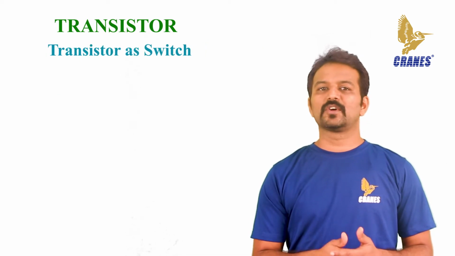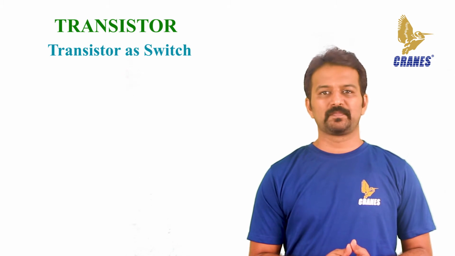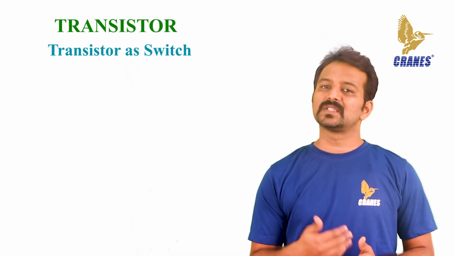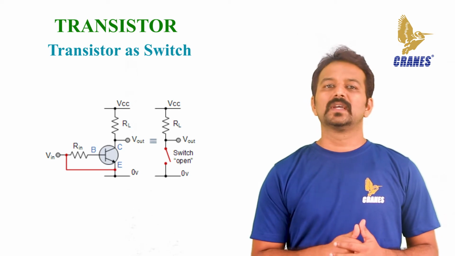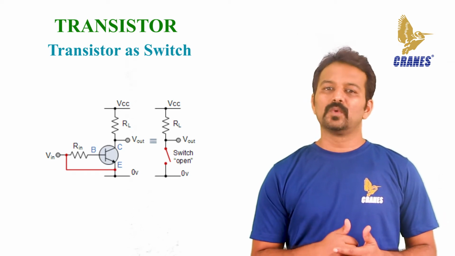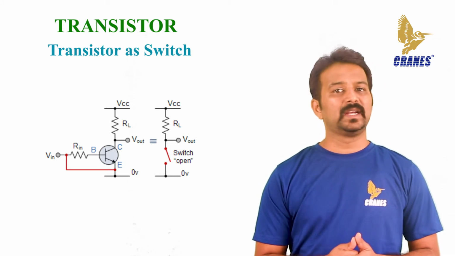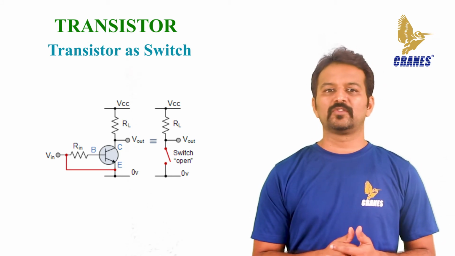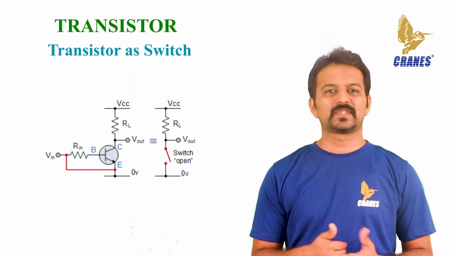In operating modes of a transistor, we have seen that a transistor acts as a switch. Now let's see how a transistor works as a switch. Transistor switches can be used to switch a low voltage DC device. For example, you can take an LED, which we can turn on and off by using a transistor in its saturated or in its cutoff state.